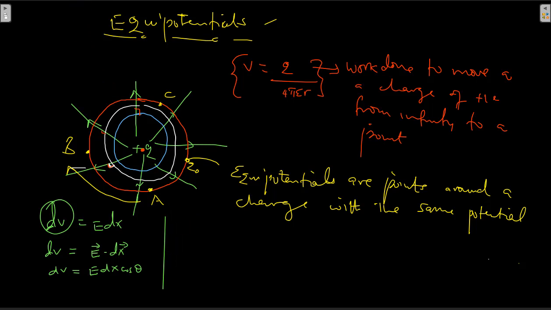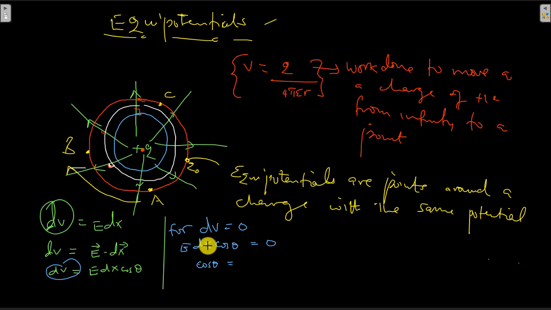Now for the electric potential change to be 0, or the work done to be 0, so for dV equals 0, we'll have E dx cos theta equals 0.